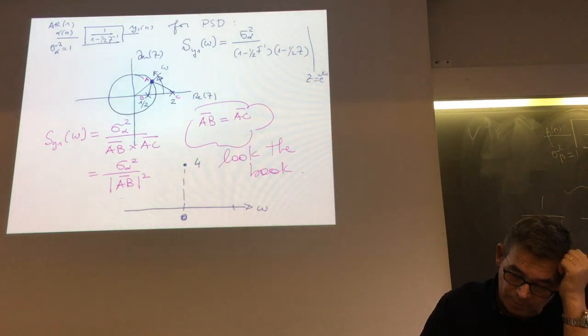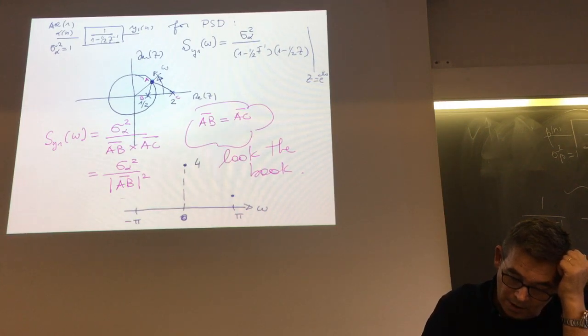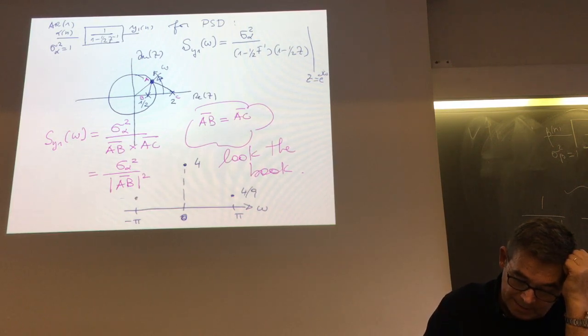So in pi and minus pi, here, am I right? It's 4 over 9. Okay, and the same here. So the behavior is approximately this way.